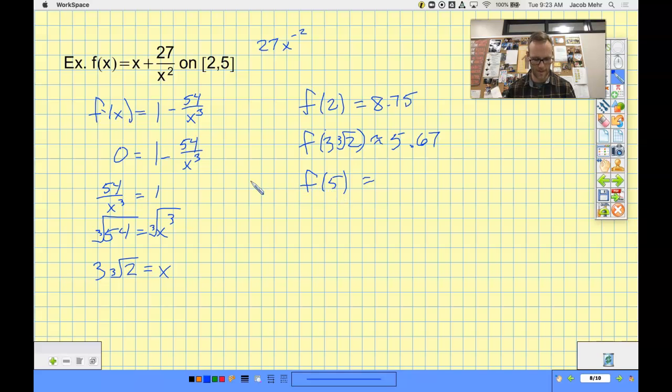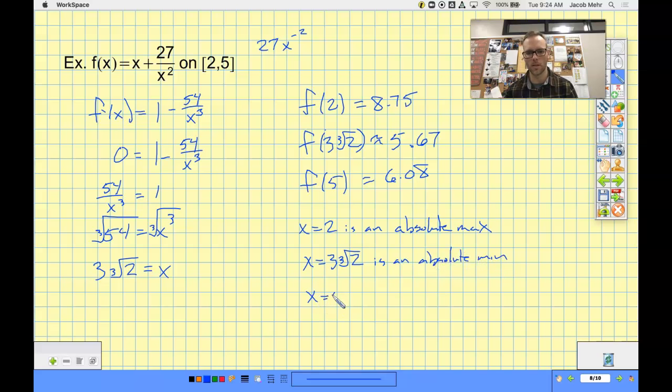And then when we plug in 5 plus 27 over 5 squared, 6.08. Now we kind of see a similar pattern here. x equals 2 is an absolute max. x equals 3 cube roots of 2 is an absolute min. x equals 5 is a relative min.